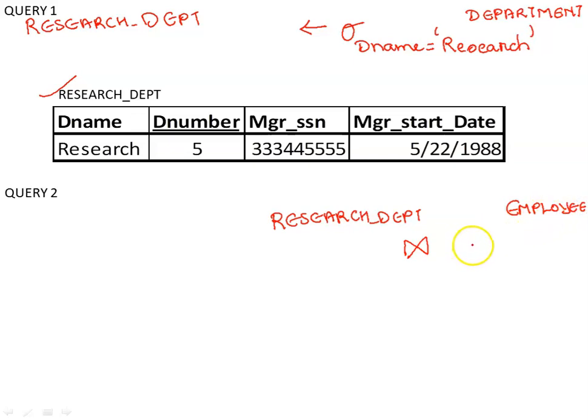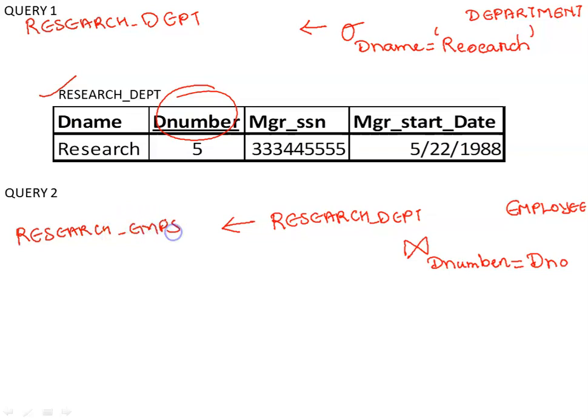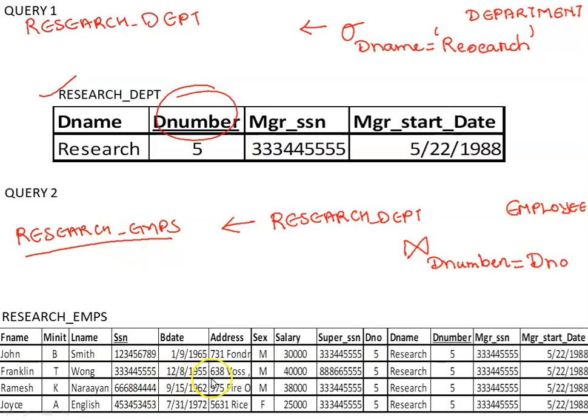I am using the attribute D number from the research department, so D number of research department is equal to DNO of the employee table, and I store it in a temporary table called research EMPS. So basically what I am getting is the employees who work for the research department.